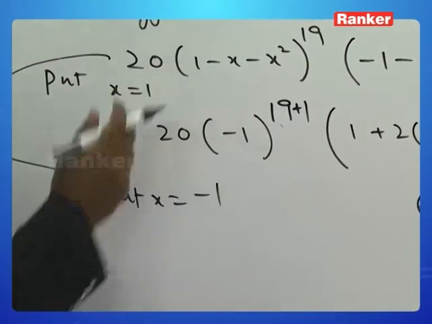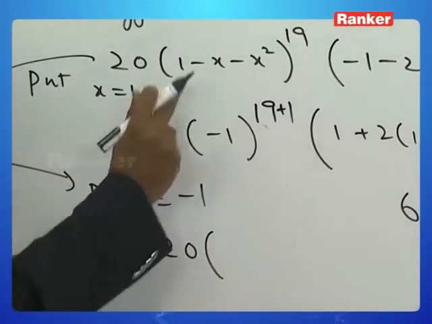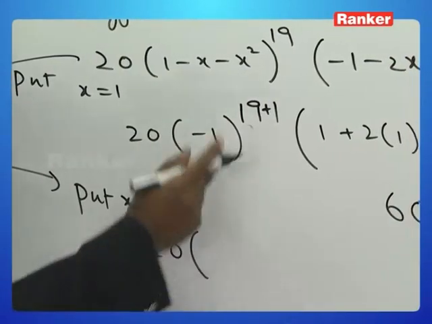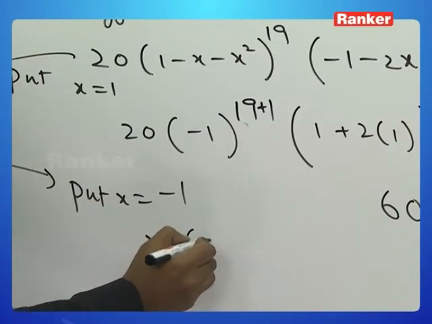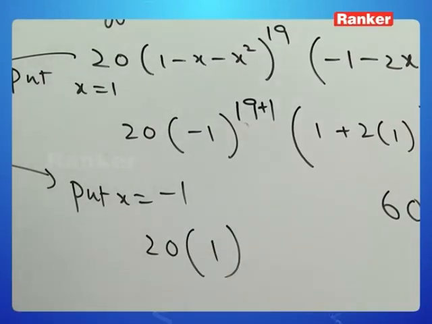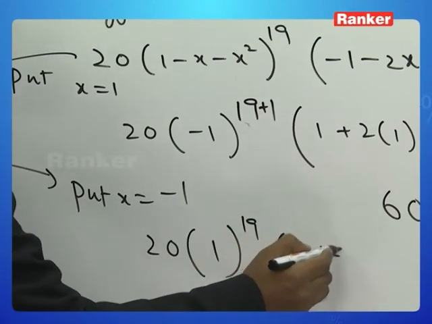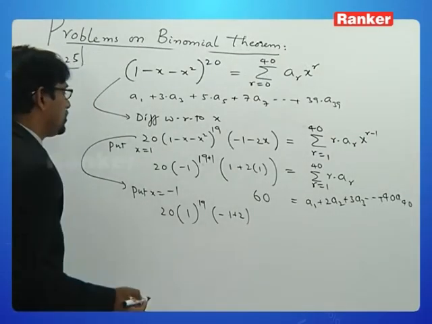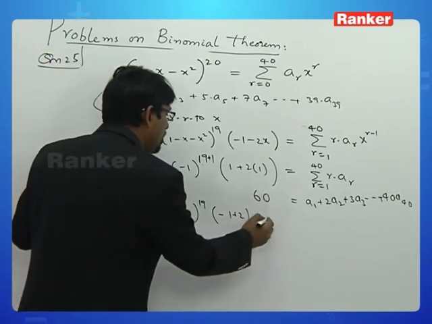If you put x equal to minus 1, what do you get? 20 into 1 minus of minus 1, that makes it 2, 2 minus 1 that makes it 1, 1 power 19. And here we have minus 1 plus 2. Okay, that is 1 there, 20 there.